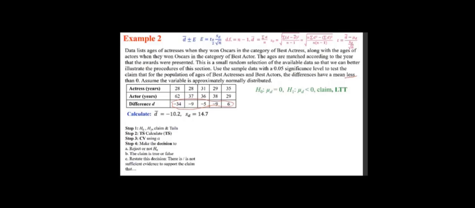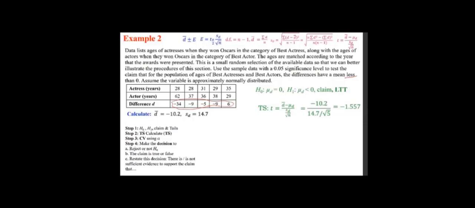So we write the test statistic, t equals D bar minus mu over S sub D over square root of n. And again, mu sub D comes from H0, which is 0. And the result is negative 1.557. All right, so what happens next?